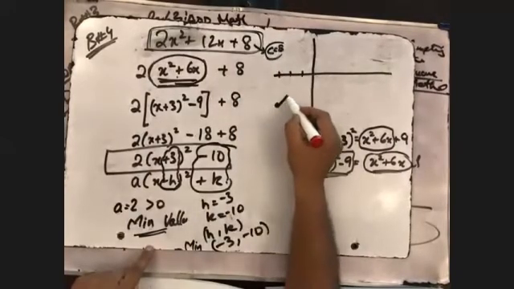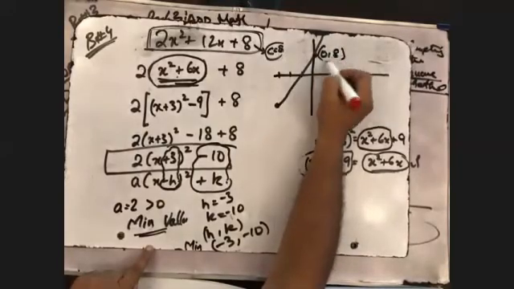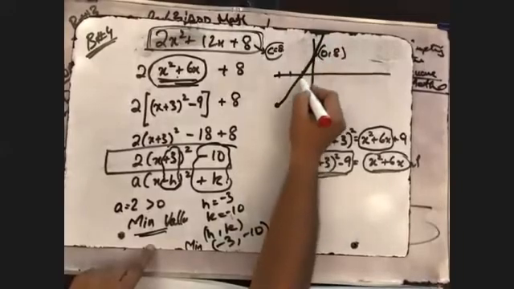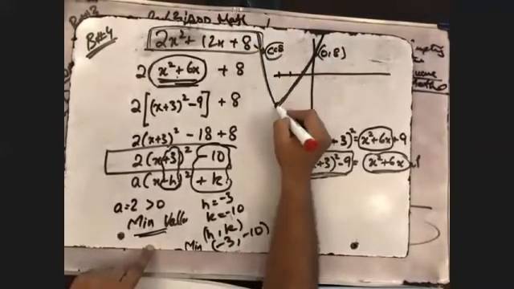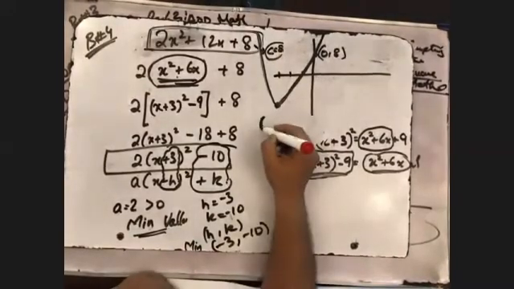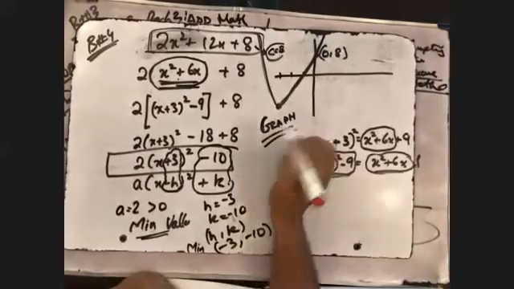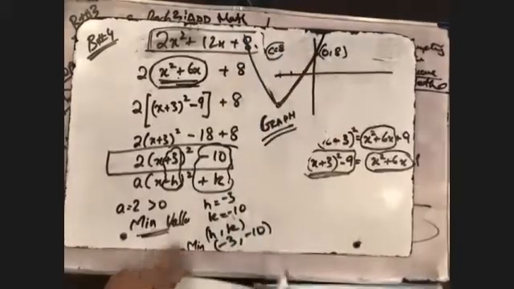That means the curve crosses the y-axis at the 8 mark, 0 comma 8. This is my graph. The most accurate graph without plotting it.